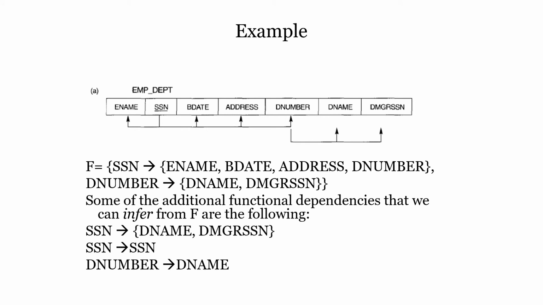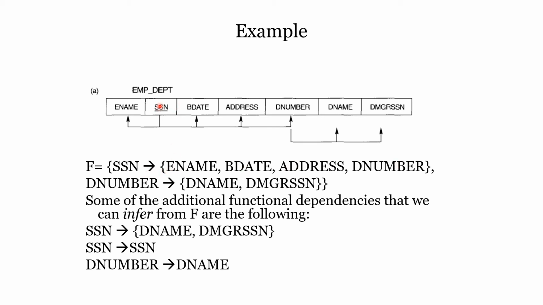So here we have the employee department table. In this we have e-name, SSN, birth date, address, department number, department name, and so on. Firstly, F is the functional dependency we are trying to find out. So this is the set where SSN is determining the whole of these records.